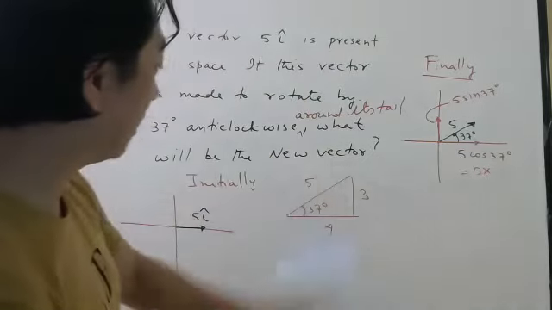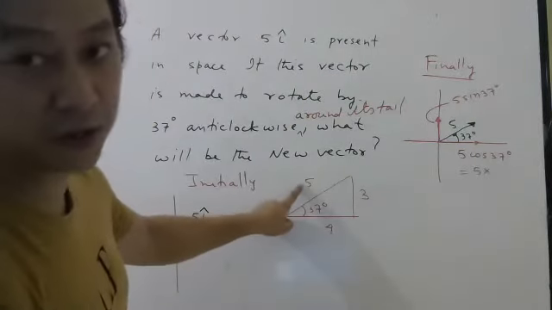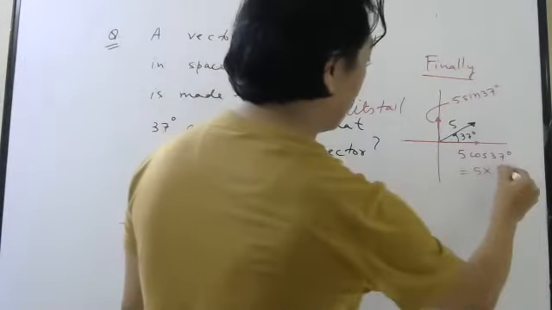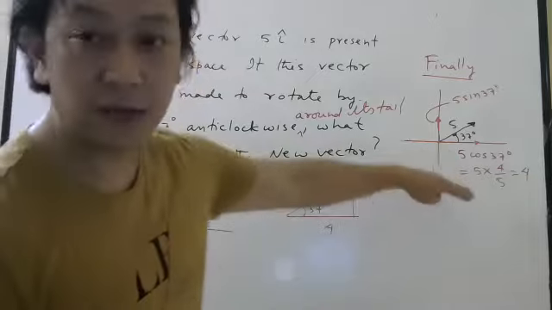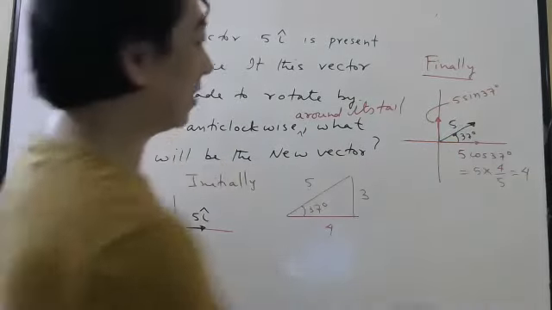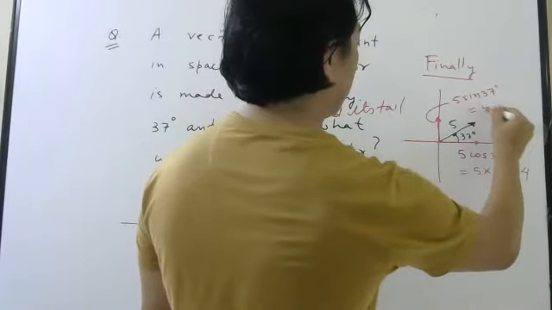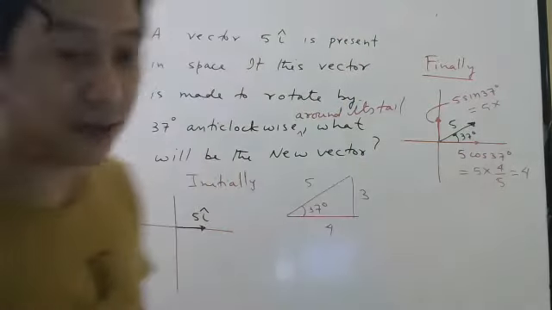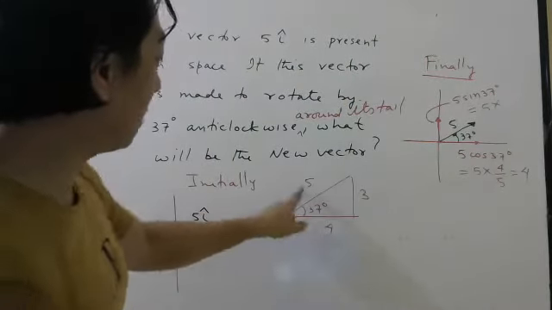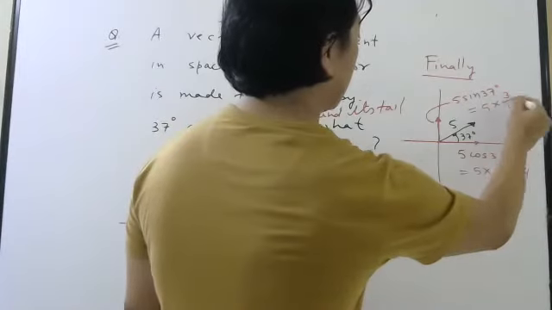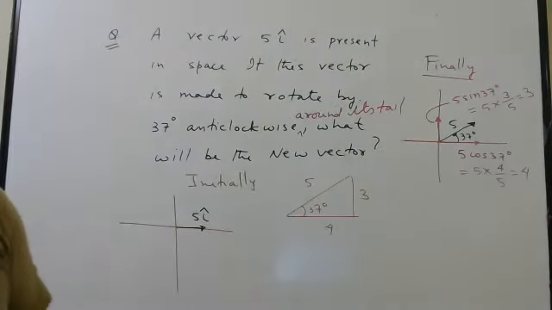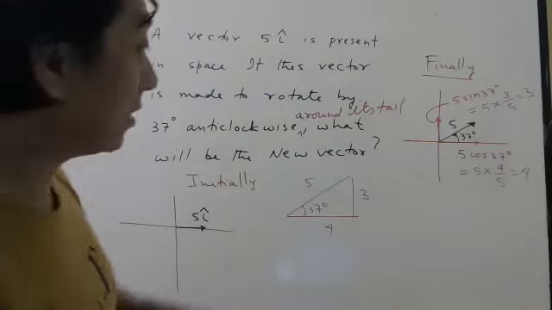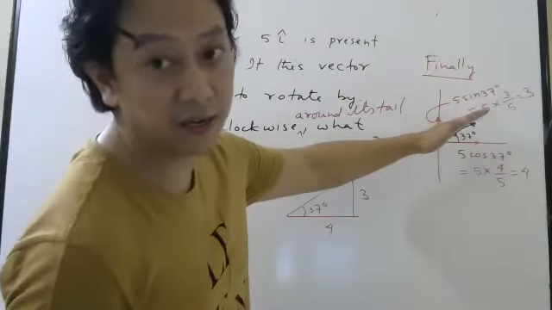Cos 37 is adjacent by hypotenuse, 4 by 5, so the x component is 4. The y component is 5 sin 37, and sin 37 is 3 by 5, so that will be 3.